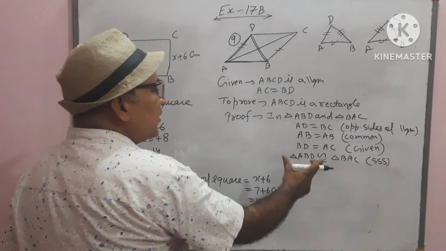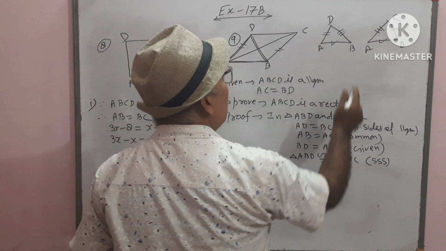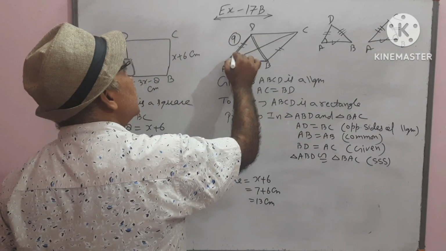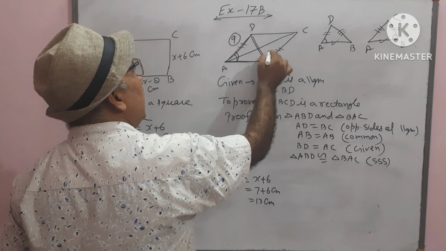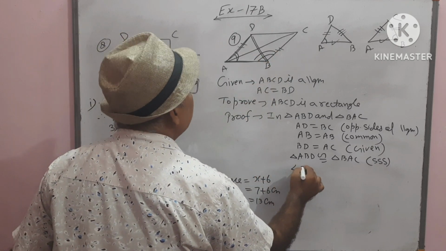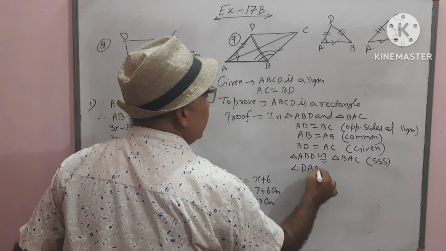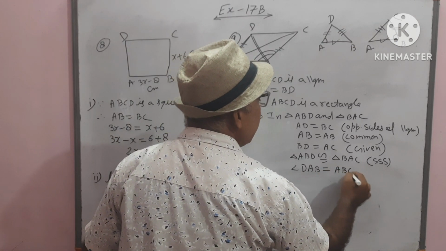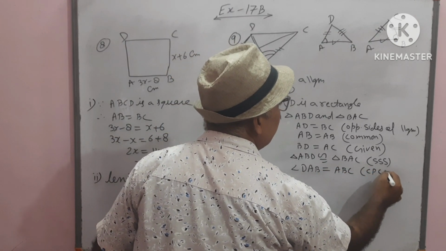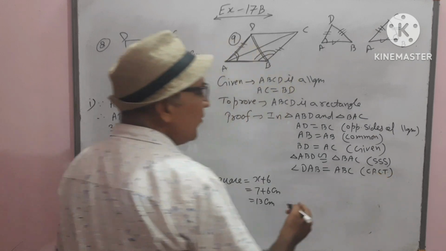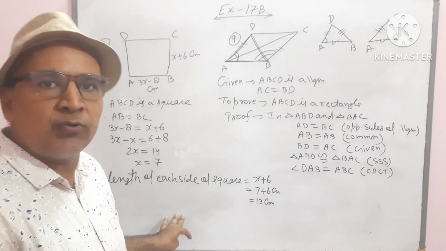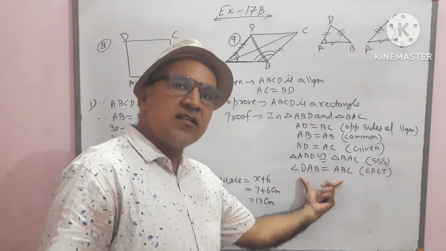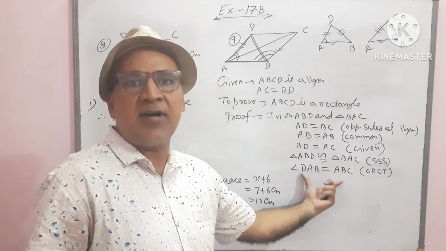Now, if these two triangles are congruent, then angle A and angle B, watch carefully, this angle and this angle. That means angle DAB of this triangle and angle ABC of this triangle will be equal because of corresponding parts of congruent triangles. We have proved that adjacent angles of a parallelogram are equal.